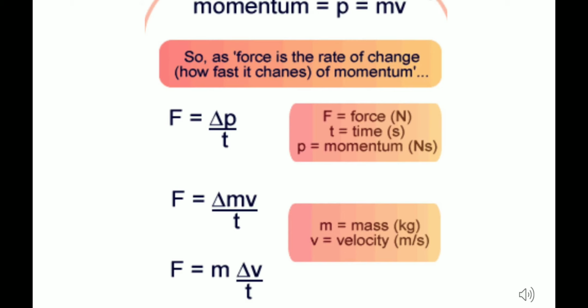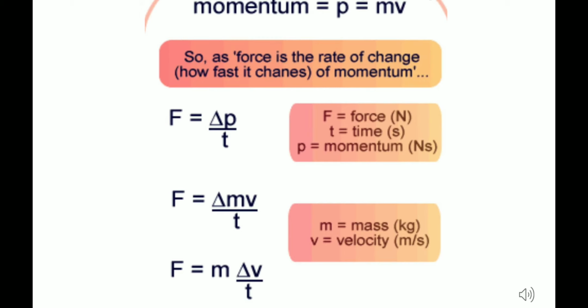Practically or ideally, the mass of the object does not change. It is only the velocity which changes. Therefore, mass has been taken out from the change. It is only delta V. Delta V means there is only change in the velocity and not in the mass.